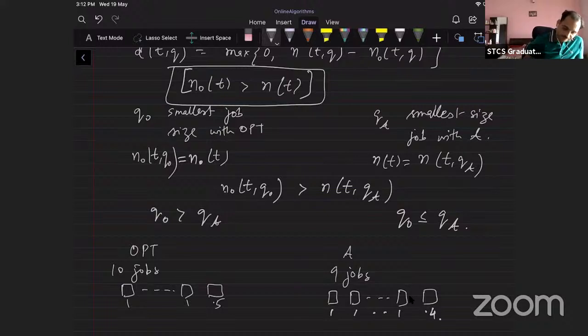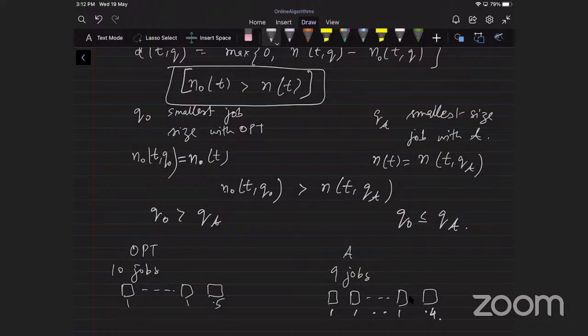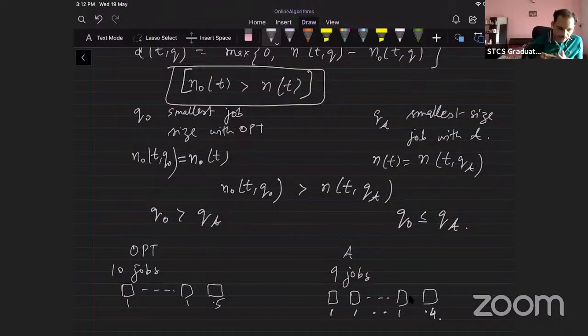Sorry? Our algorithm can't be better than the OPT, right? No, at a certain point, OPT is doing something crazy. Who knows? We're not making any assumptions on what OPT is doing. We're not making comparison between the set of jobs OPT keeps or set of jobs algorithm keeps. This is quite possible.